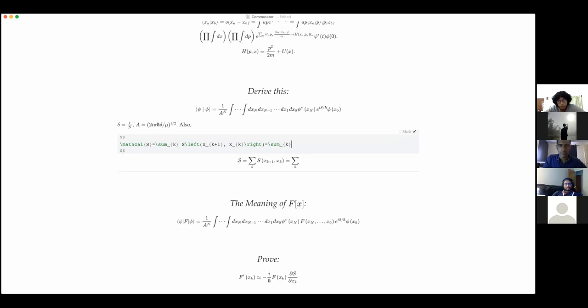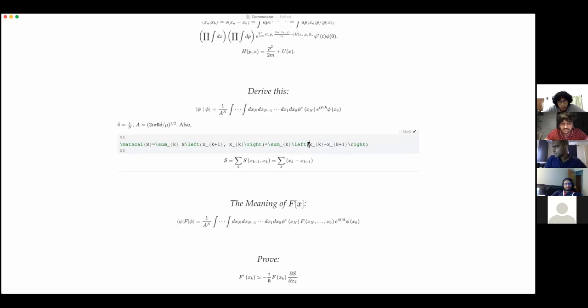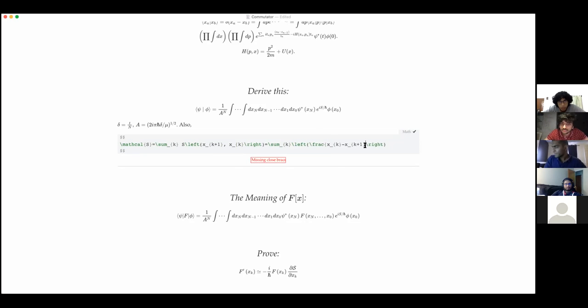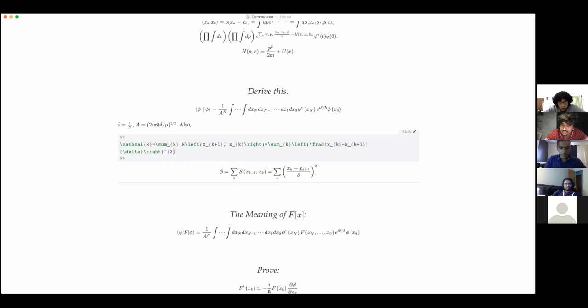It's going to be xk minus xk plus 1, over delta squared.